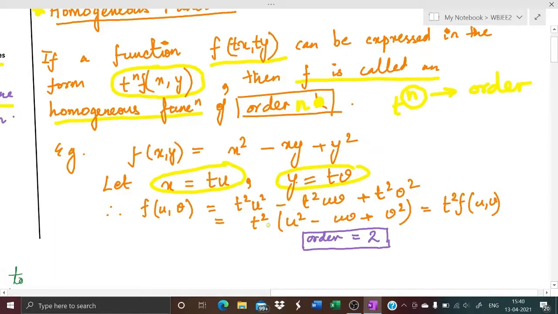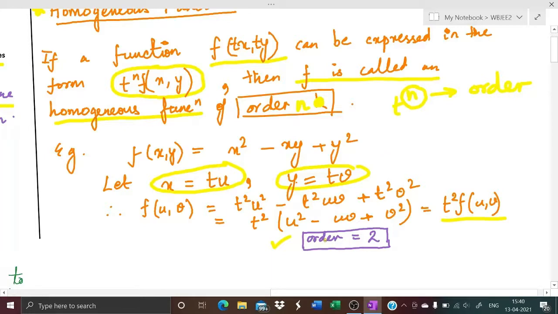After solving, you can get t square common and the rest of the equation is the same as the equation of f of xy. So this function in terms of u and v can be expressed as t square f of uv. So this is a homogeneous function and the order of the function is 2.